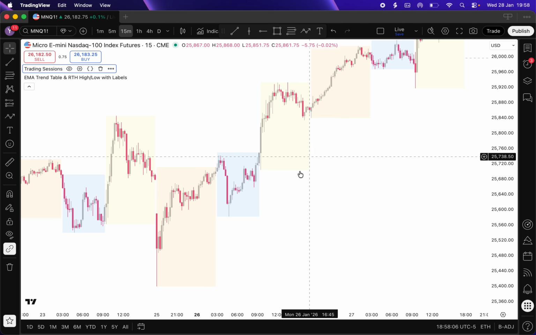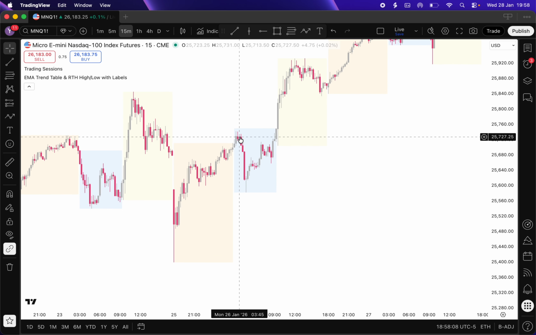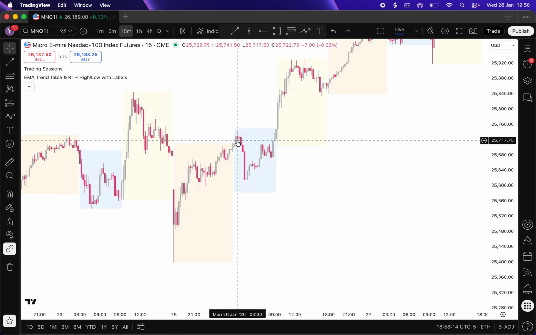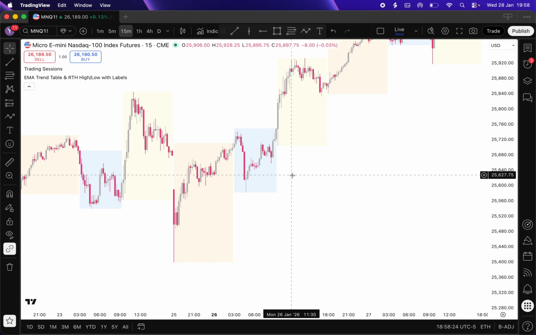So let's see here. Here there would be buy side liquidity over here. Again, the trend is still bullish even though London opened with this huge bearish move. It's still overall bullish.